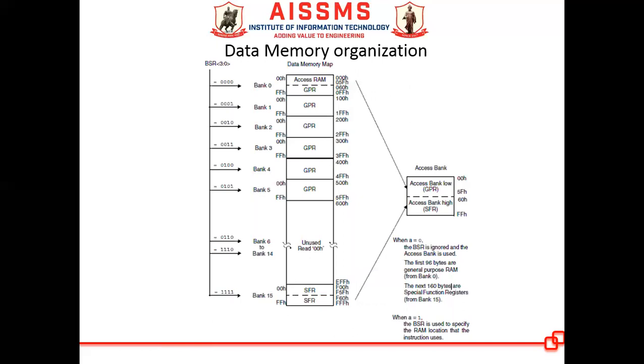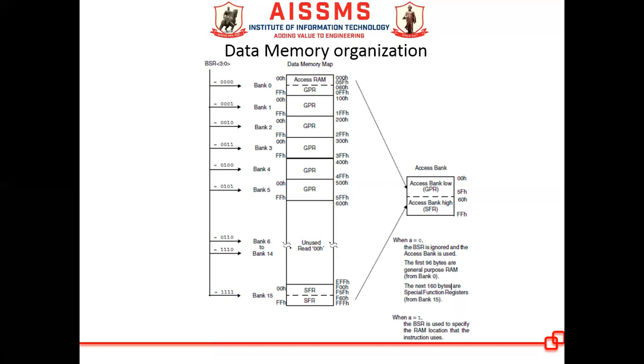Then we'll take a look at the data memory organization. Now, in data memory organization, the addresses start from 000H and go up to FFFH. It has a 12-bit address bus, therefore the starting address is 000, ending address is FFF.